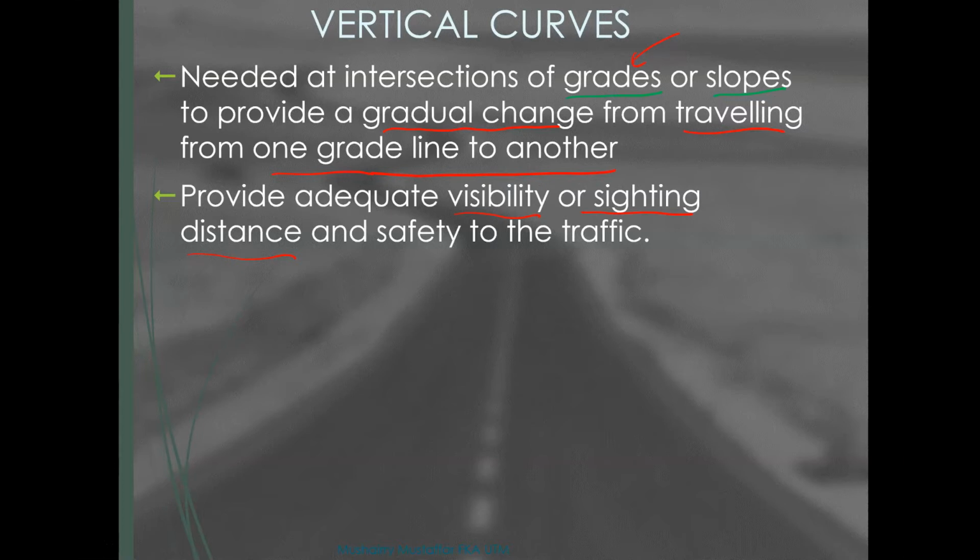That's why you notice there are double lines on the center of the road, to say that you're not supposed to be overtaking, because you cannot see what's coming towards you. So when we design vertical curve, we will think about sighting distance and safety. Those are probably the controlling factors in designing vertical road curves.